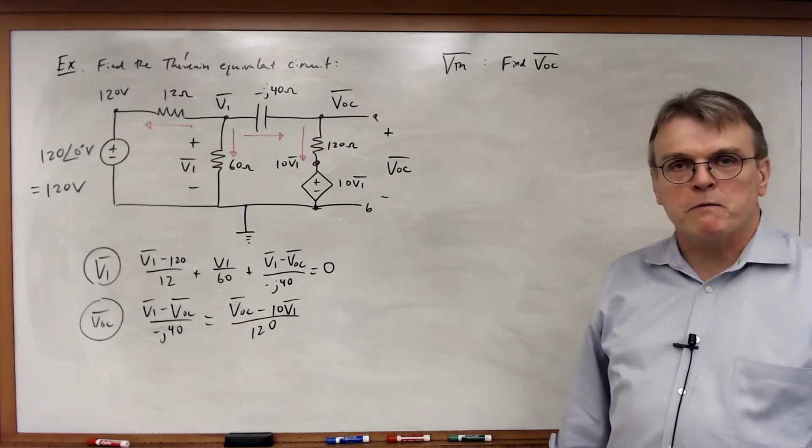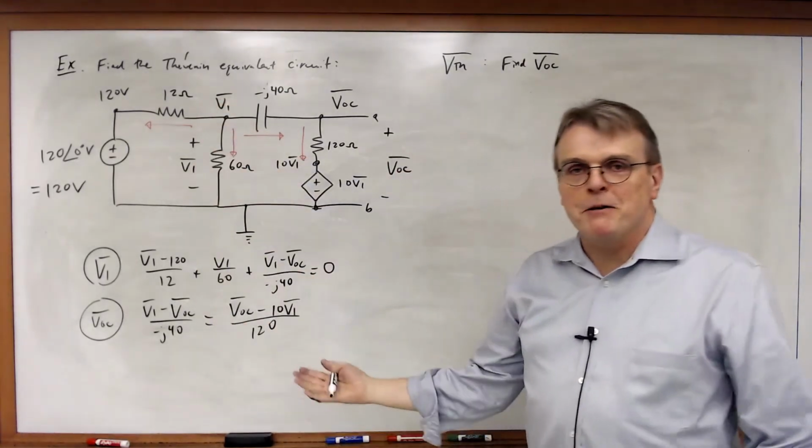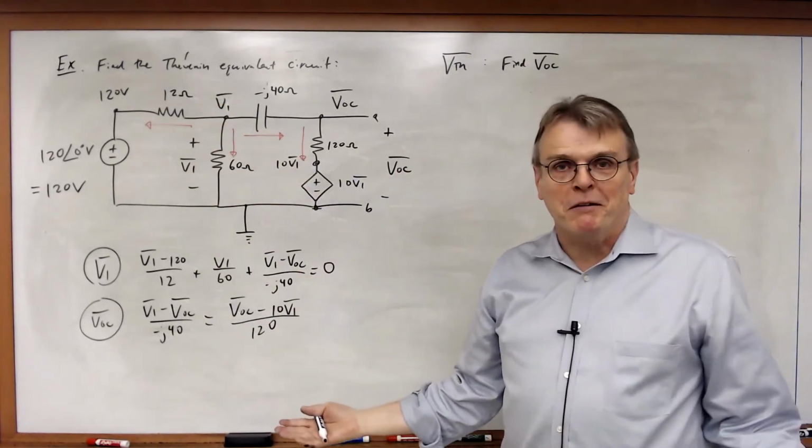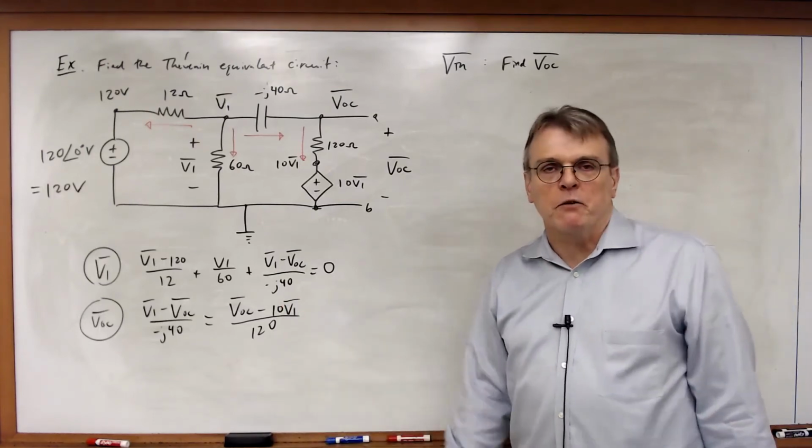Now you notice there's a dependent source variable. Where's my dependent source variable equation? Well, V1 is already a node voltage, so the dependent source variable equation is that V1 is equal to V1. So in this case, I don't really need to write an equation because it's a trivial result.